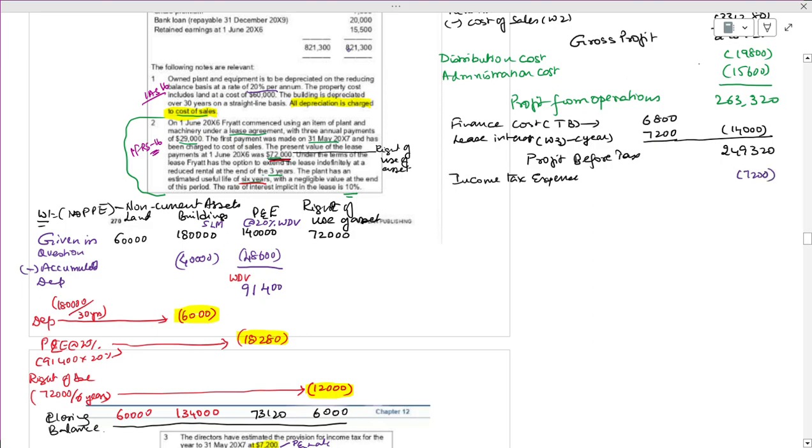It comes to 242,120. This is profit for the year, profit after tax.